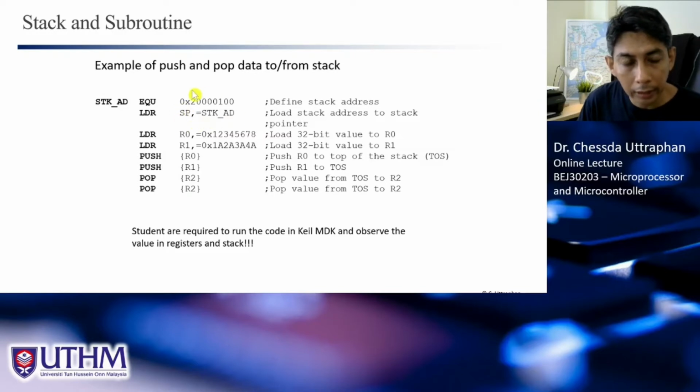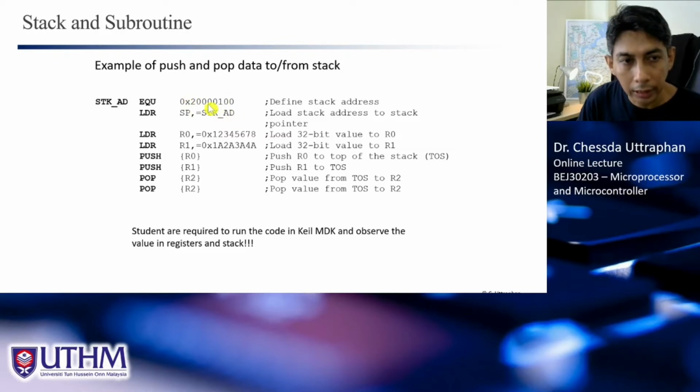You can define any location in the memory that is writable for the stack. But if you do not define the address of the stack in your program, it will be assigned automatically by the compiler, right? In this case, it is assigned by us as the programmer.